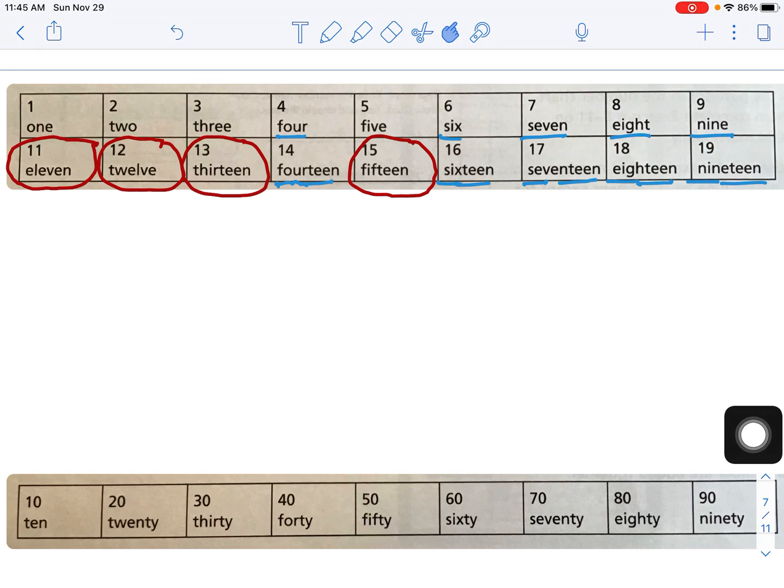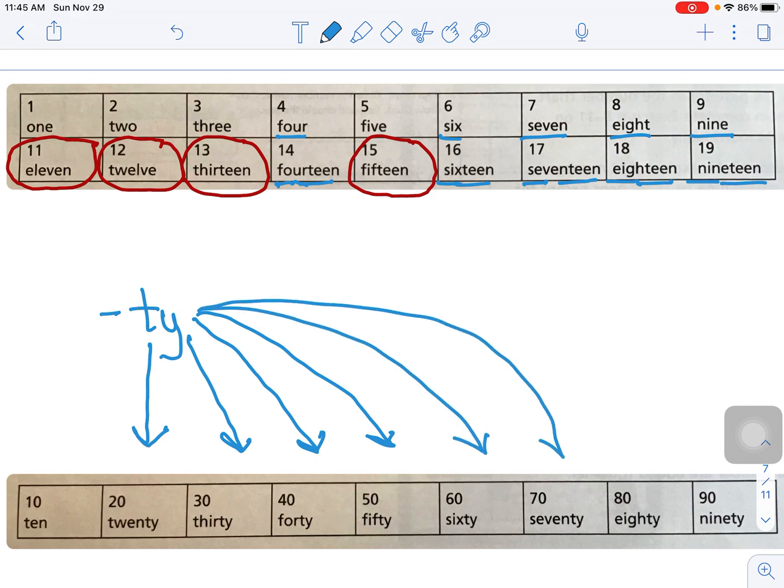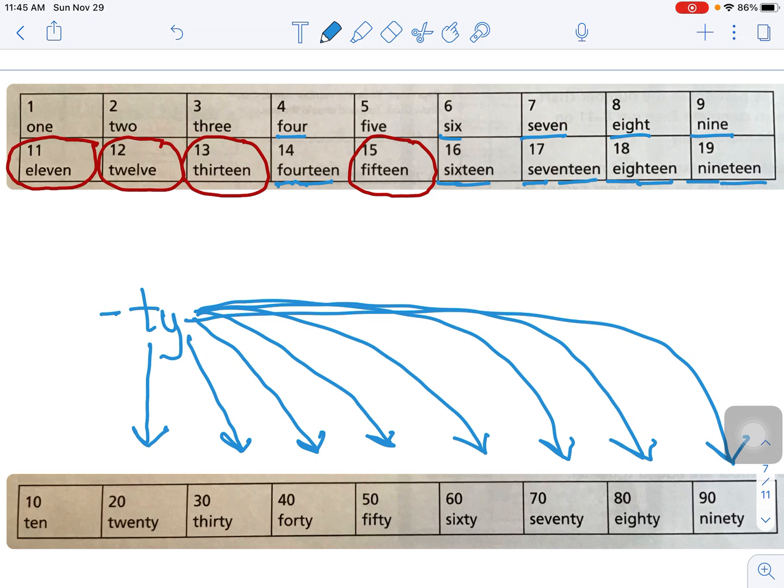Now, all of a sudden, for those numbers, we have this T number, a number with a T at the end, like in 20, or 30, or 40, or 50, or 60, 70, 80, and 90.